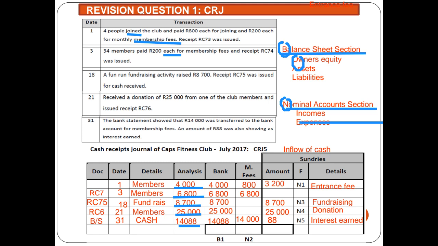Okay, what about the membership fees? 21,600. Thank you so much. So what about the amount? There are too many answers there. 36,988 for amounts.